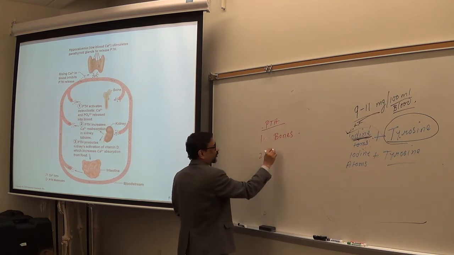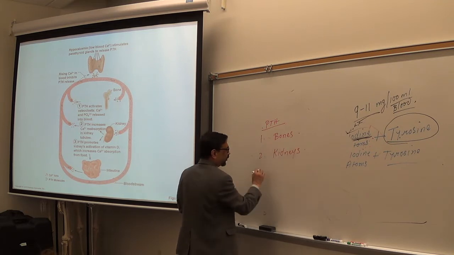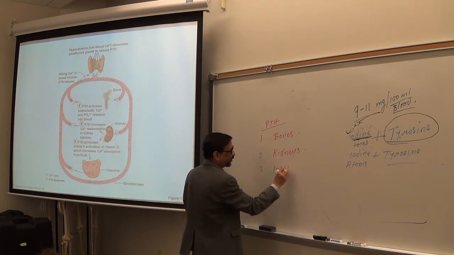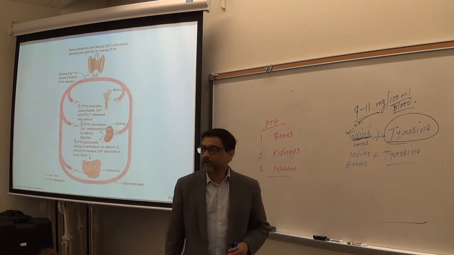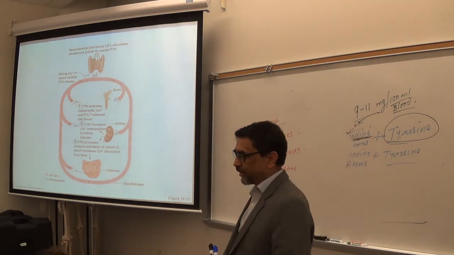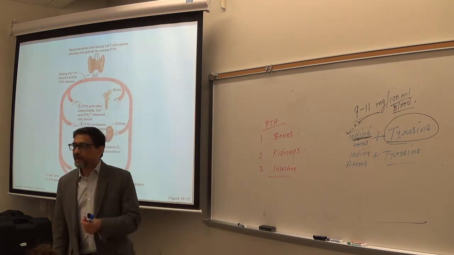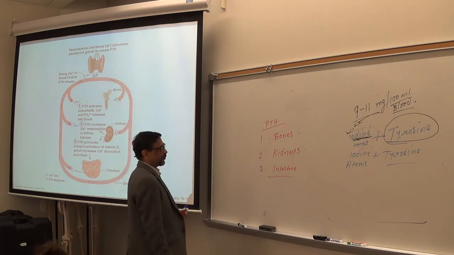Number 2, works on the kidneys. Number 3, works on the intestine. Okay. Parathyroid hormone or PTH works on these 3 structures and increases the calcium.